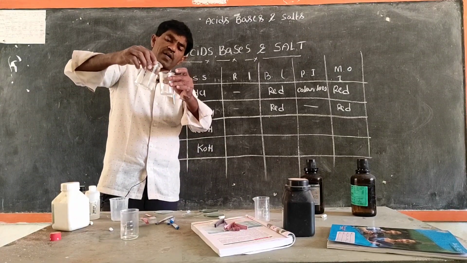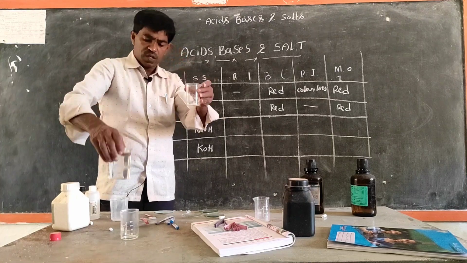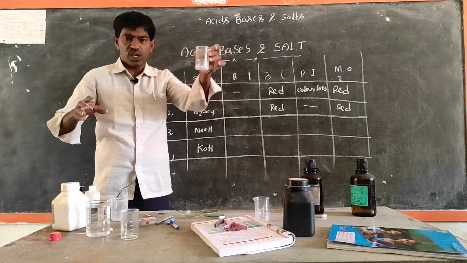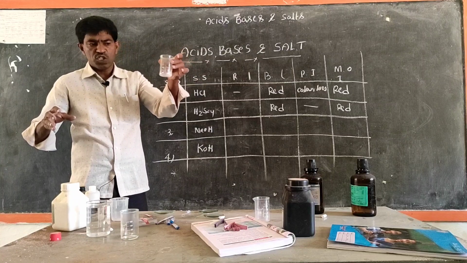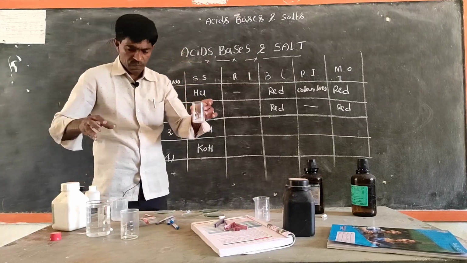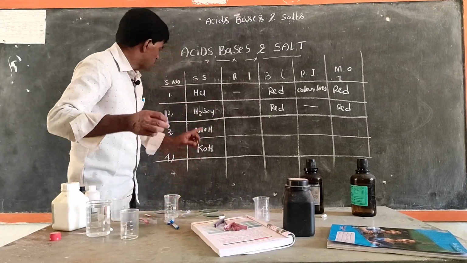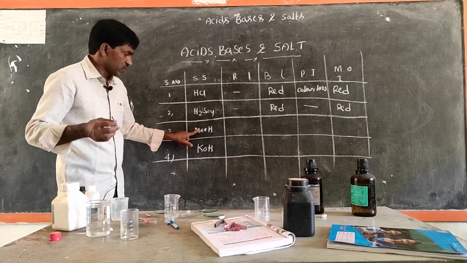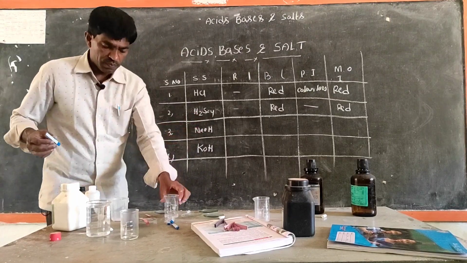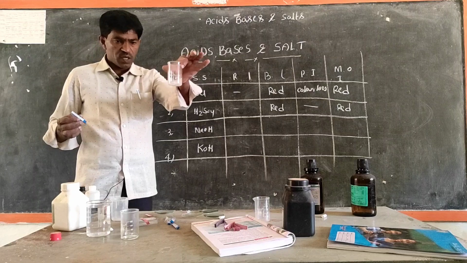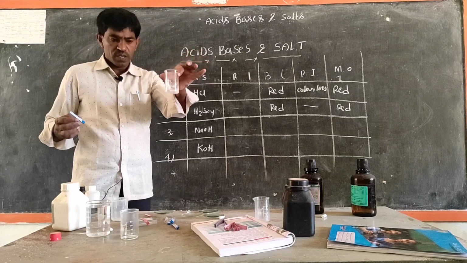Add a little amount of water. The base dissolves in water, and that is the base solution. The first base is sodium hydroxide. Sodium hydroxide is taken into the beaker and a few drops of water are added to form sodium hydroxide solution.